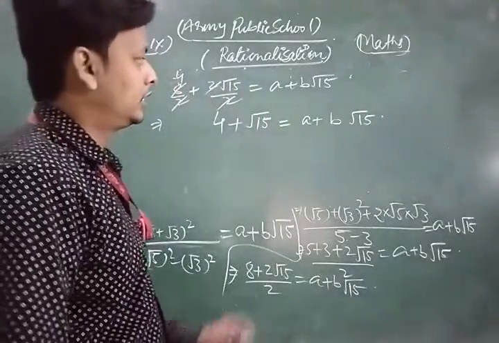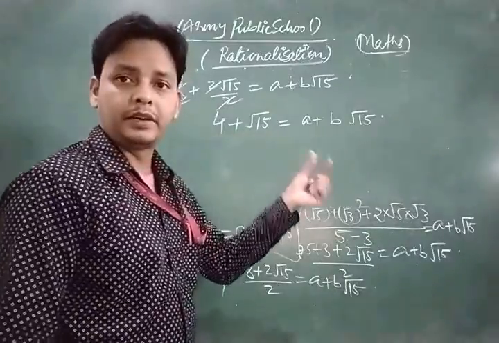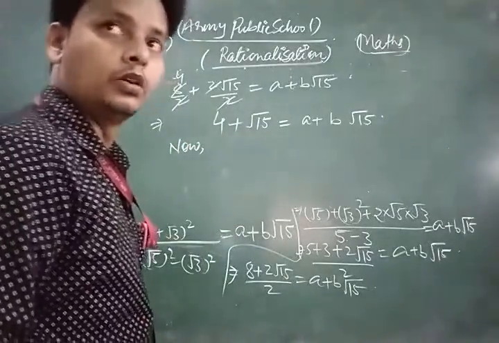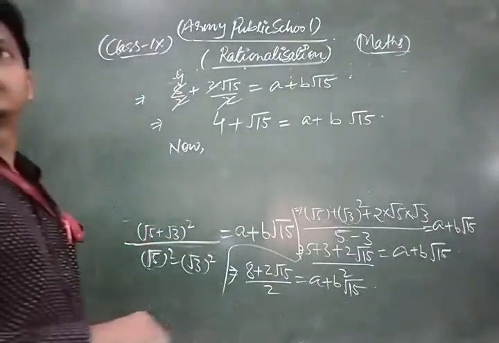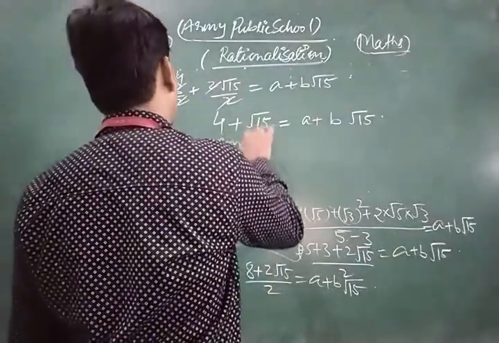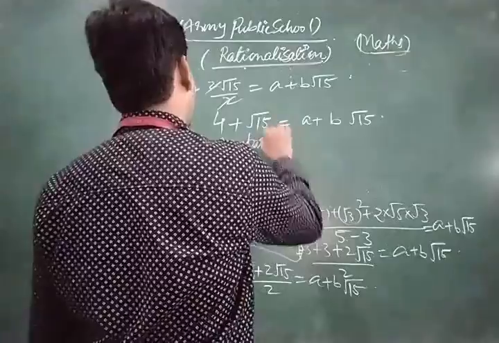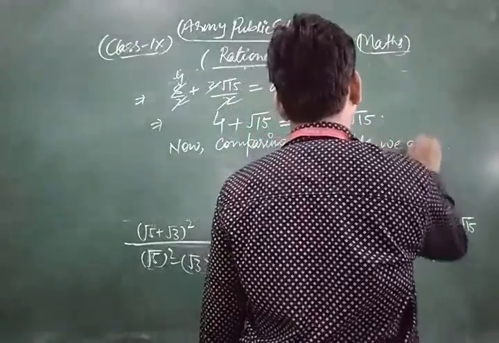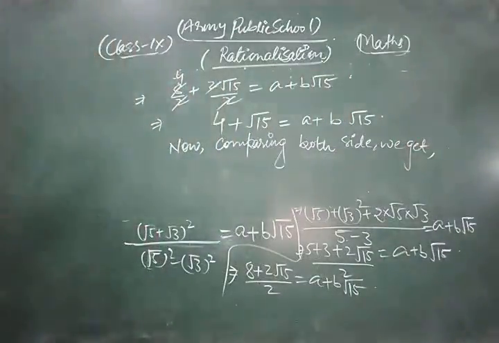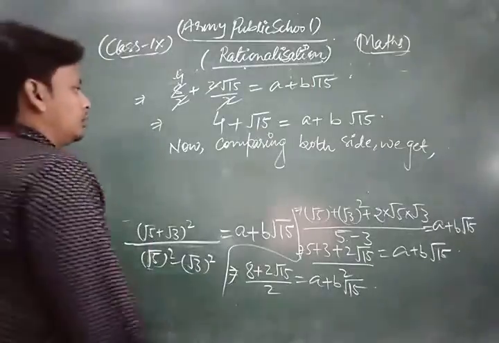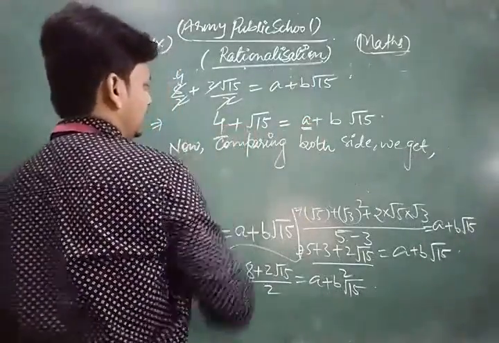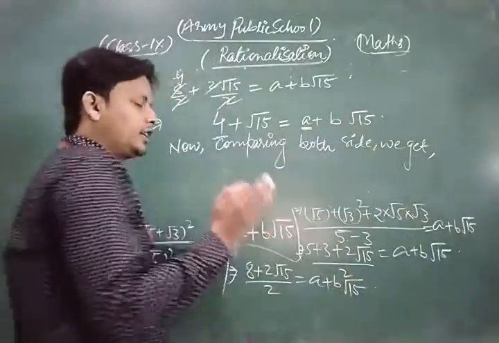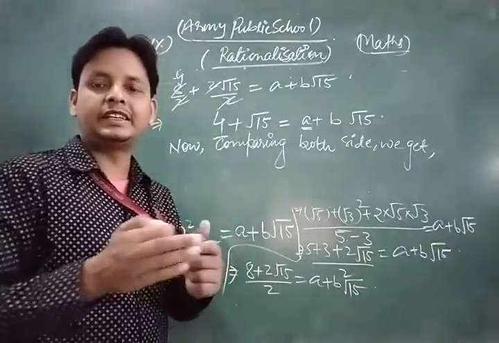Now what do we do here? On comparing both sides, we compare the rational and irrational parts.